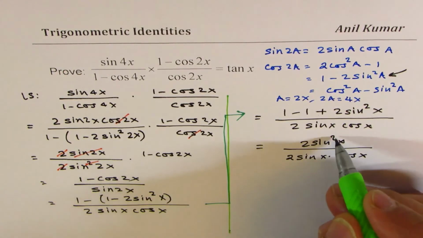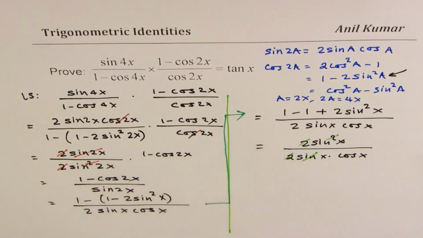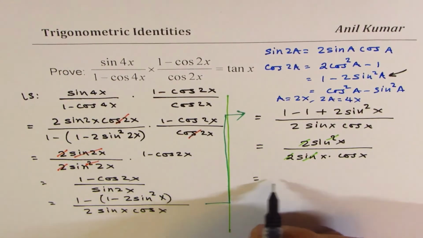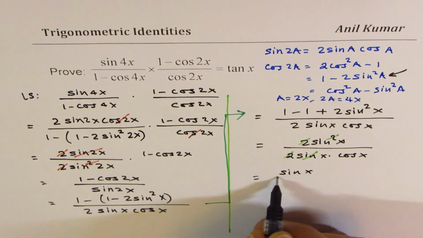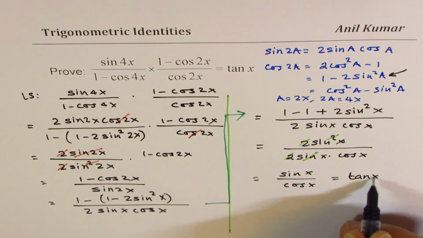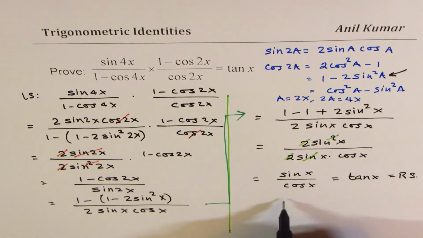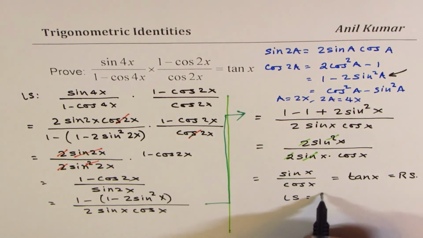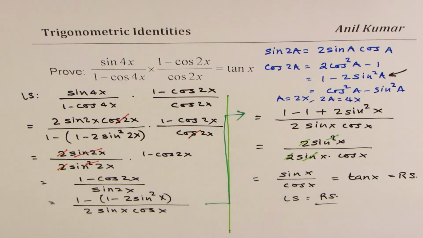From here we could cancel sine x and the 2's. So we are left with sine x over cos x, which is indeed equal to tan x, our right side. Right? So we have shown that the left side is equal to the right side. So we just got our result.